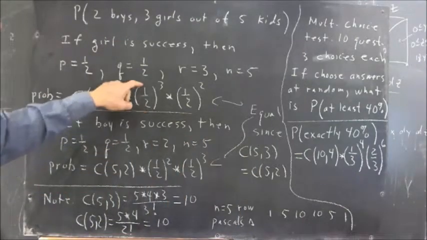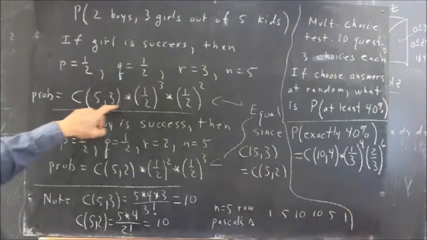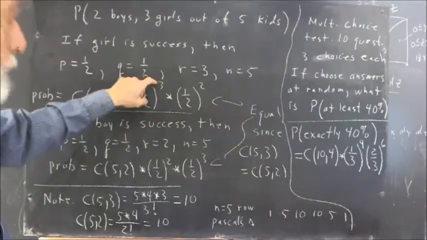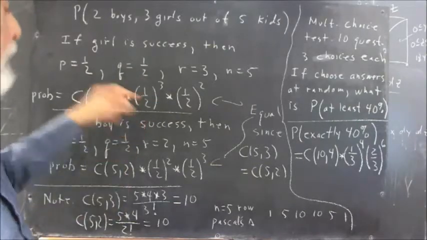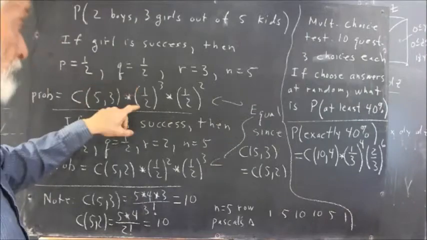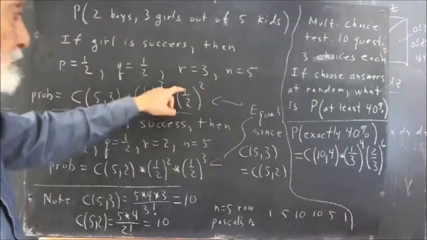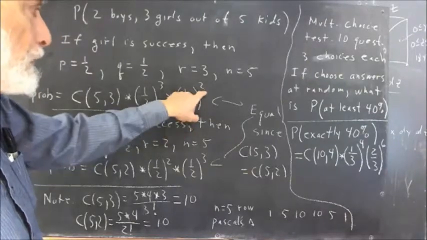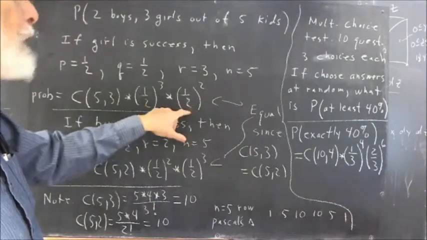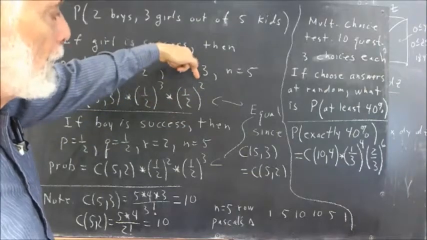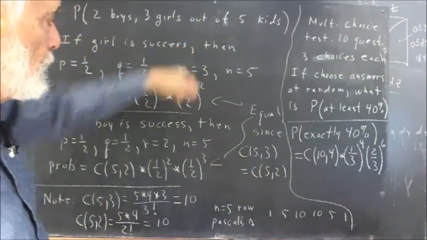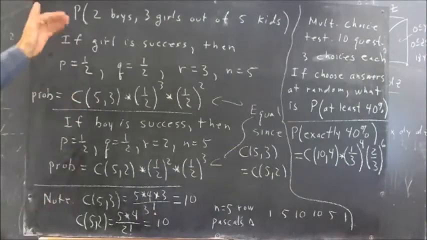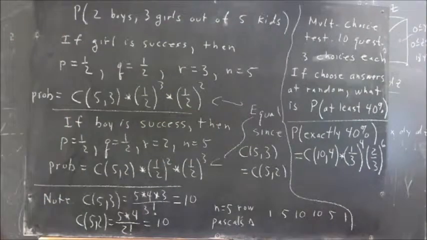And then you multiply that by P to the 3rd, the probability of success raised to the number of successes, because for each success you have to multiply by the 1/2. And then the probability of a failure raised to the power of the number of failures, which would be 2.